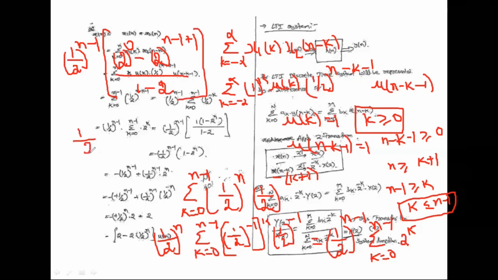So 1 by 2 whole power n minus 1, whole multiplied with 2 power 0, which is 1, minus 2 power n, whole divided by minus 1. Got it, my dear students?